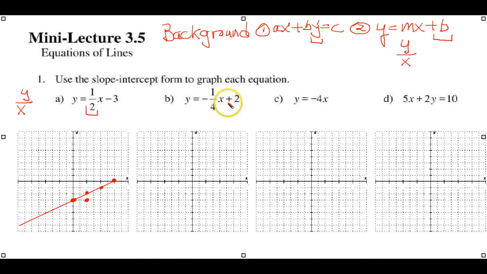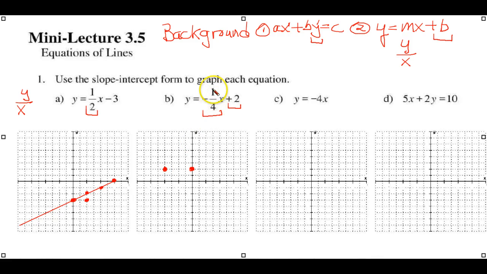Now our y-intercept is a +2. So we go to +2. Now our slope is a -1/4. So our x value here, we're going to say, is -4. So we go over 4. 1, 2, 3, 4.